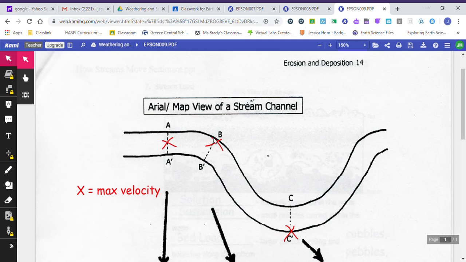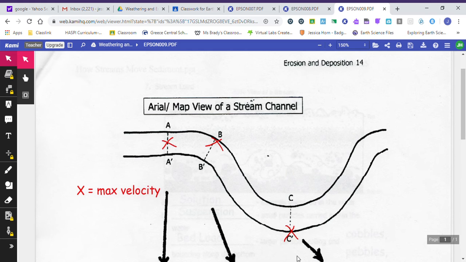Now, if the fastest water is on the outer part of the curve, that means that's where most erosion is going to happen. So if I wanted to build a house, I'm probably not going to put it right there, because over time, this is going to erode away, and my house might fall in the river. Over here on line C, again, fastest velocity of the water is on the outer part of the curve.